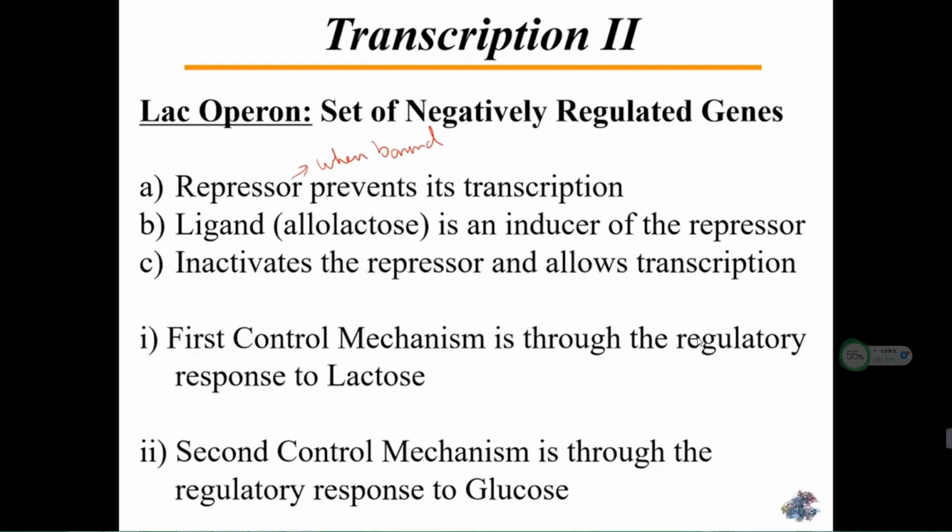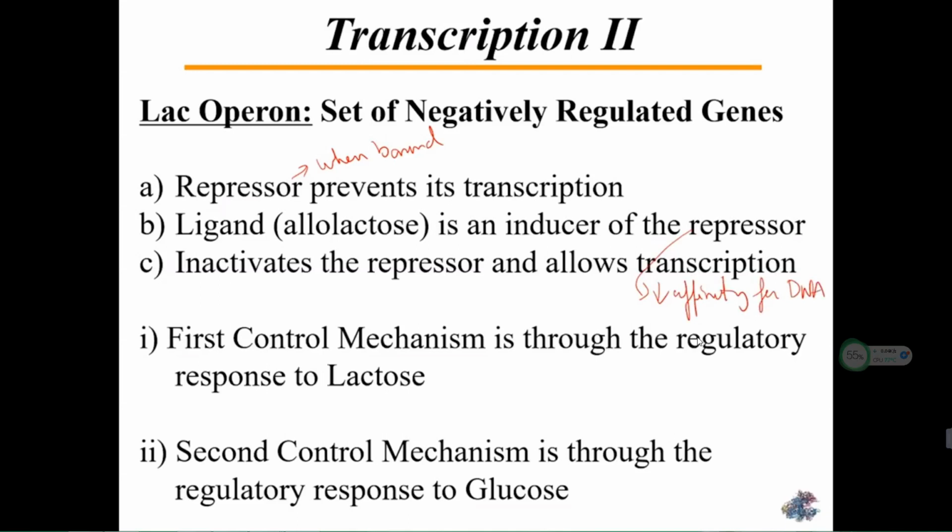It's a side reaction carried out by the beta-galactosidase enzyme. When it binds to the repressor, it will cause a conformational change in this repressor, decrease the affinity of the repressor for the DNA and allow for RNA transcription to occur.